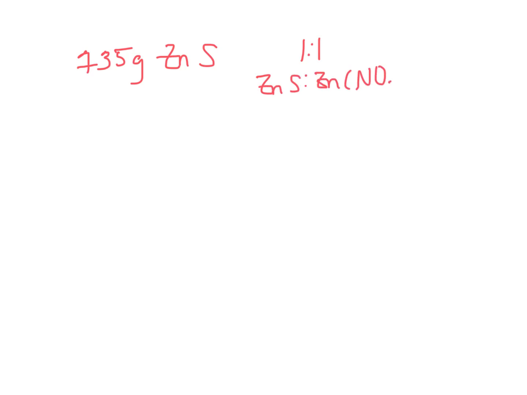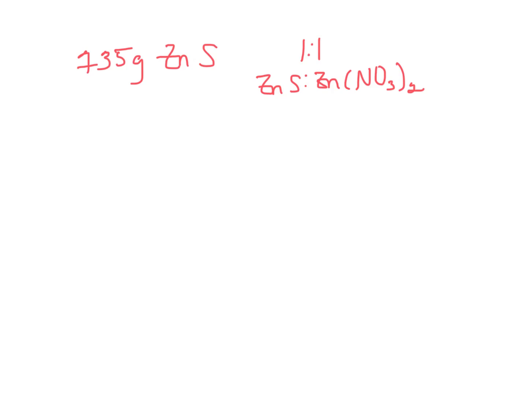So we're going to bring over the information here that we're going to need to solve the rest of this problem. We said we needed to plan on making 735 grams of the zinc sulfide. Remember that it was a 1-to-1 ratio between the zinc sulfide and the zinc nitrate, and that came from our balanced chemical equation.